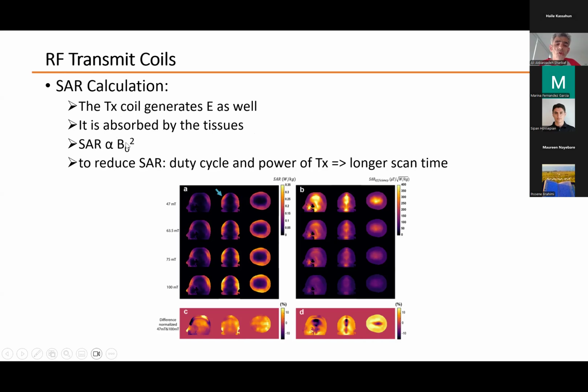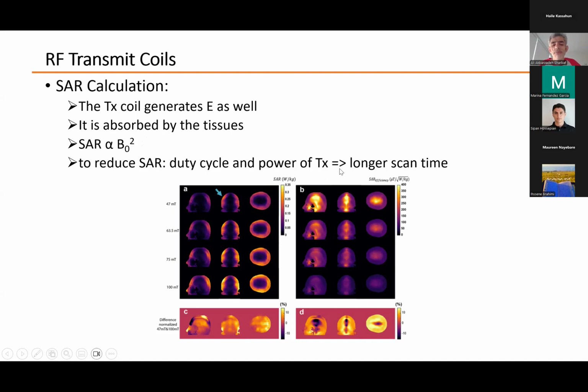So when you go from a 3 Tesla MRI machine to a 7 Tesla MRI machine, the SAR increases by more than 4 times, around 5 times. So it becomes much more challenging. It requires a lot of simulations and modifications to bring the SAR lower than the standard value.